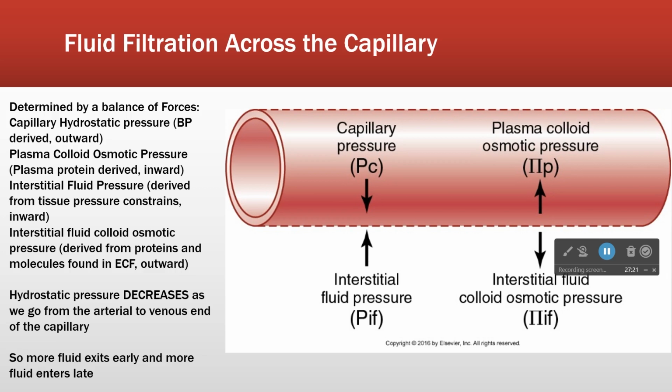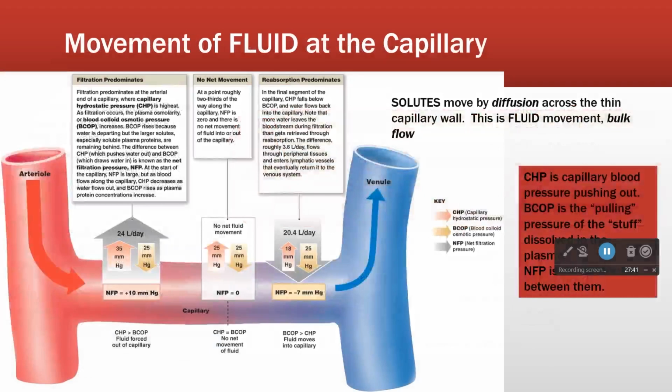This is true in our vessels too. As blood passes through the capillary, it loses energy. So we have a higher hydrostatic pressure at the beginning than we do at the end. All right. So because of that, more fluid exits early on and more fluid enters the vessel later on.